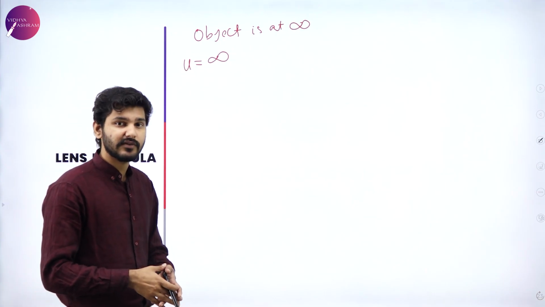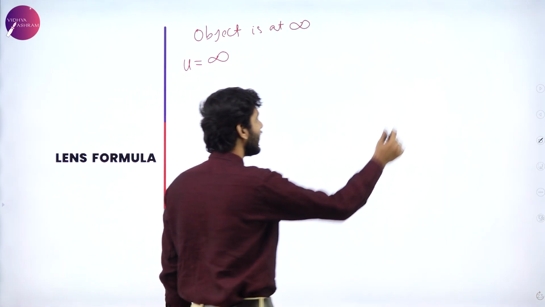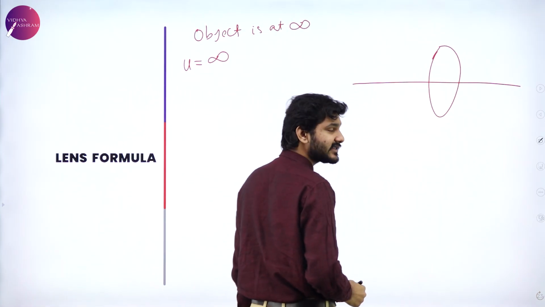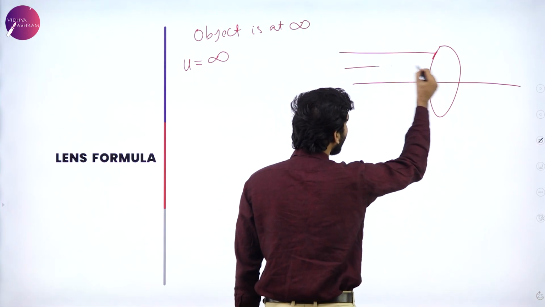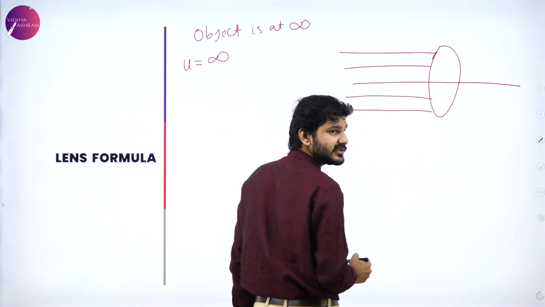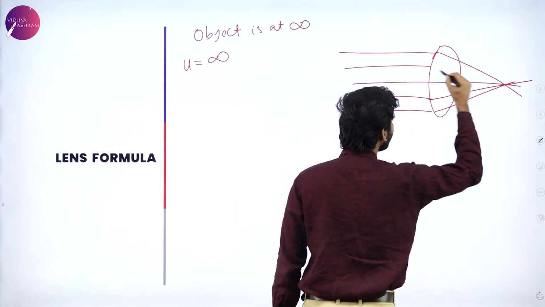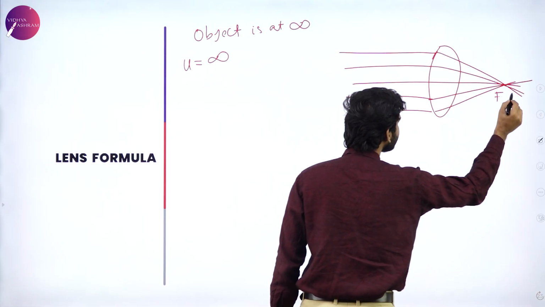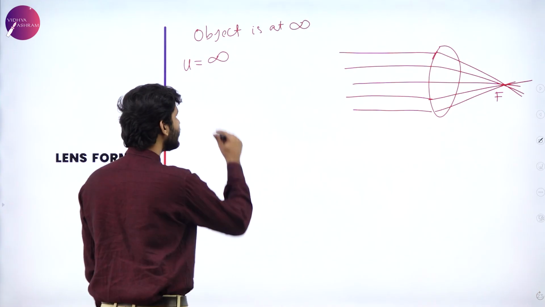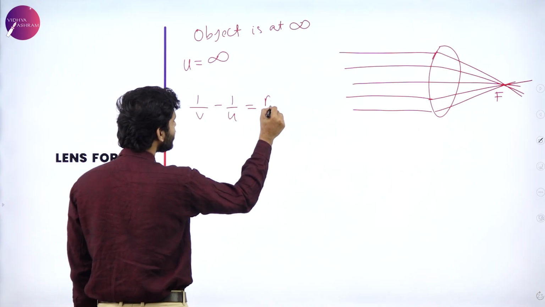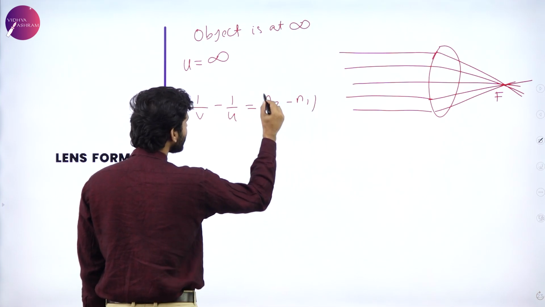So again, if you have a lens like this, and this is the principal axis, if the object is at infinity, what happens? All the rays will converge at one particular point, and that particular point is nothing but the focus.